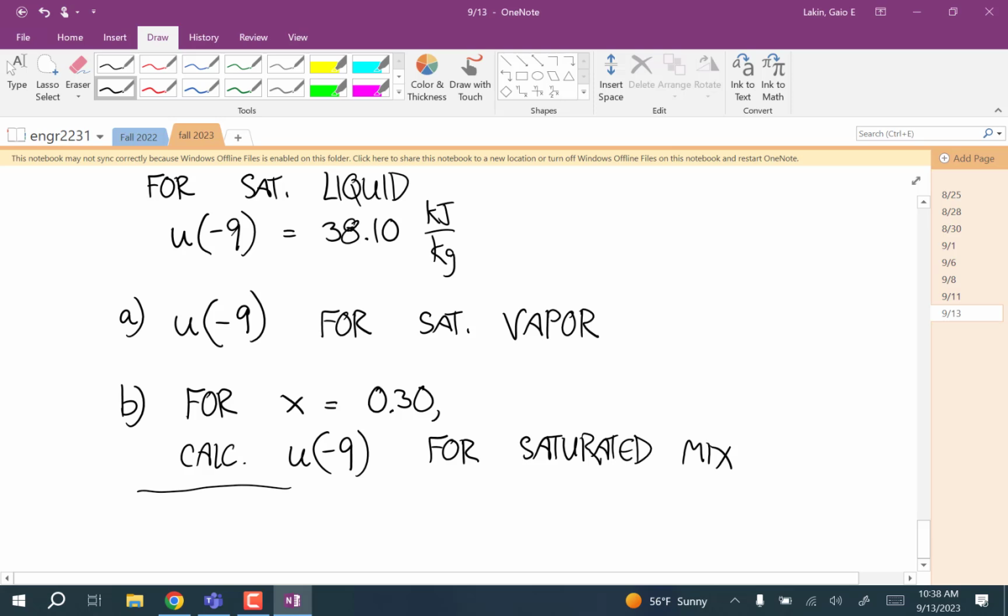Okay, so take a couple minutes and see if you can interpolate again, this time for the saturated vapor from the table. Let's just do A first. I'll give you a little time for that, and then I'll do it, and then we'll finish with that quality calculation.